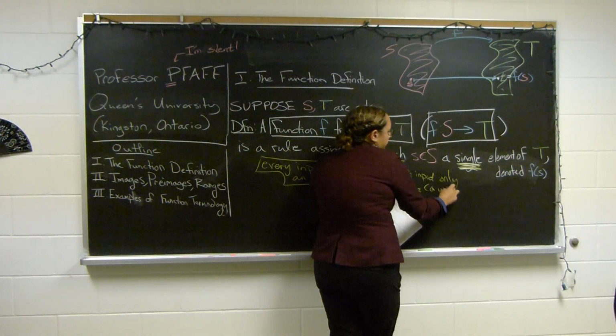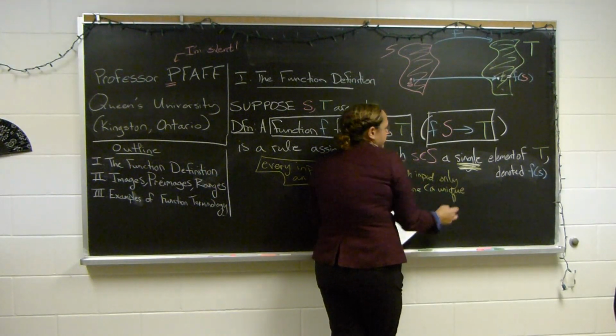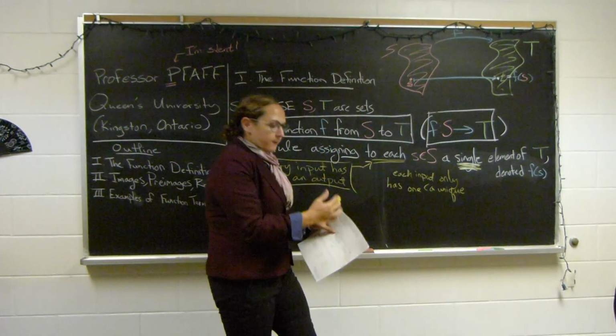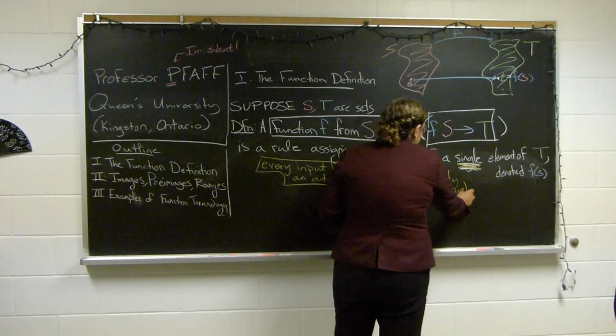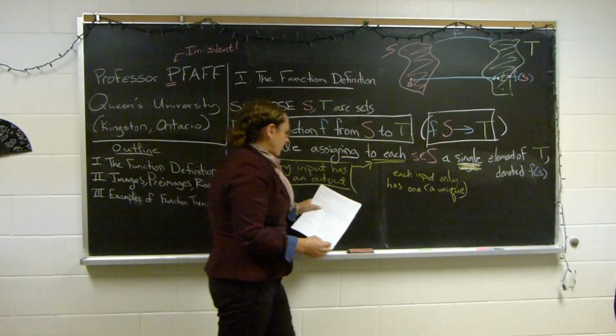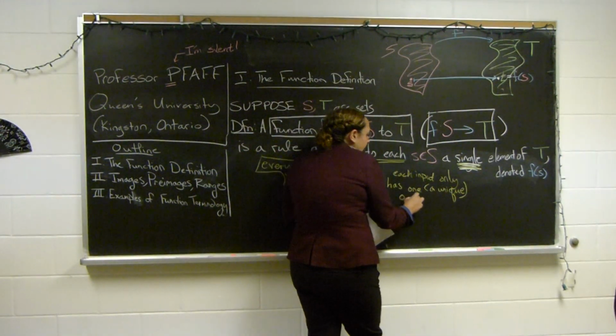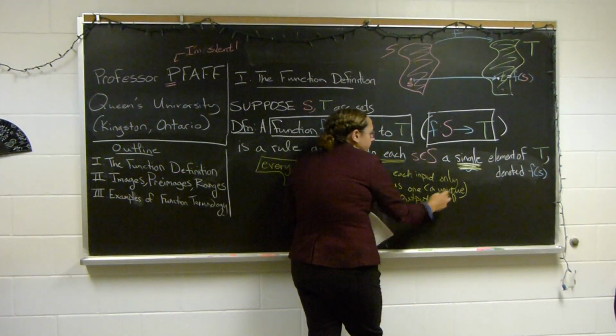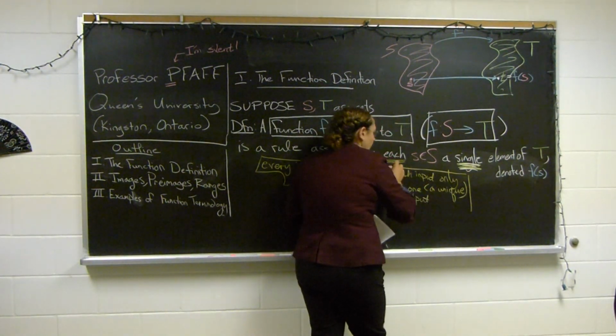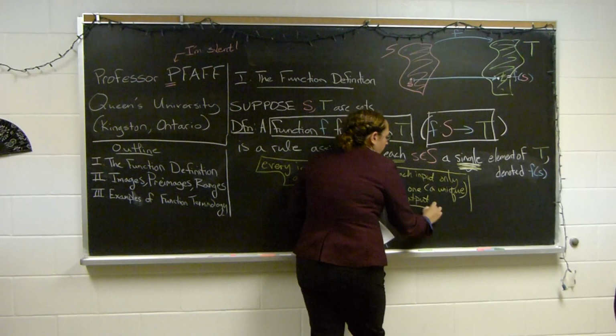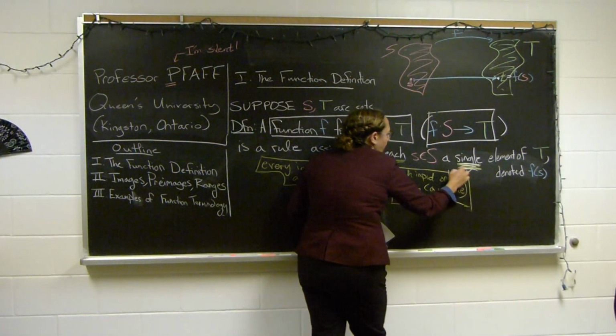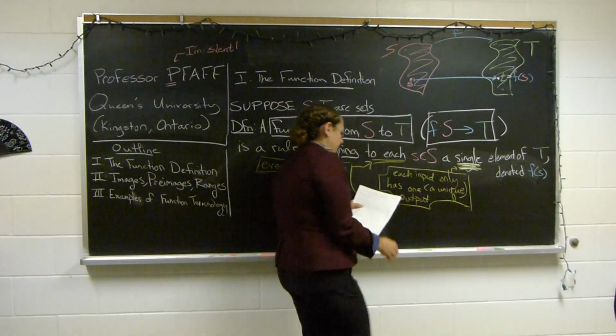But this is the same thing as the vertical line test, right? The vertical line test way back in your pre-university times, or maybe calculus in university. We only want a single output. This function has to make sense to us.